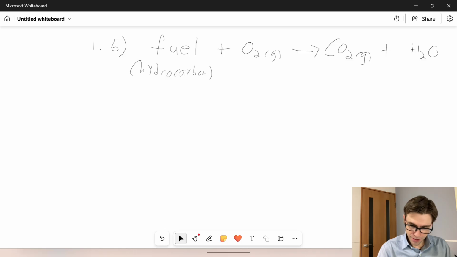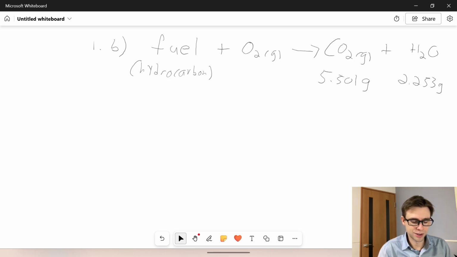Okay, and our question said somebody detected 5.501 grams of CO2 and 2.253 grams of water. So this is an empirical formula question, but we're coming at it from a different angle. We don't immediately have percentages this time.